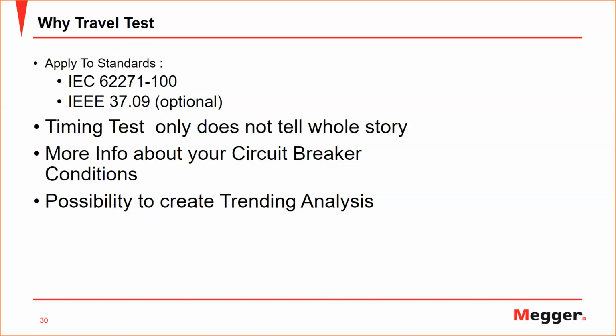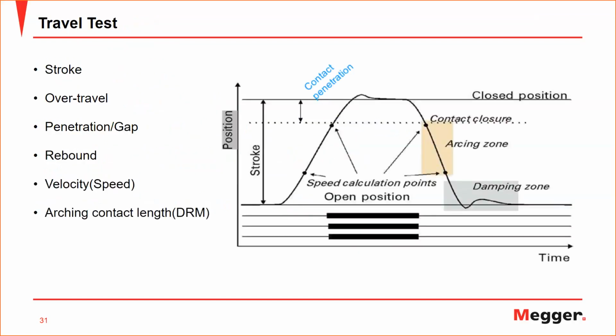So what are the parameters that we consider from travel test? There are a number of parameters. The first one is called the stroke. Basically, how much in millimeters, or whatever unit you are using for conducting this test, the interrupters of the breaker are moving.